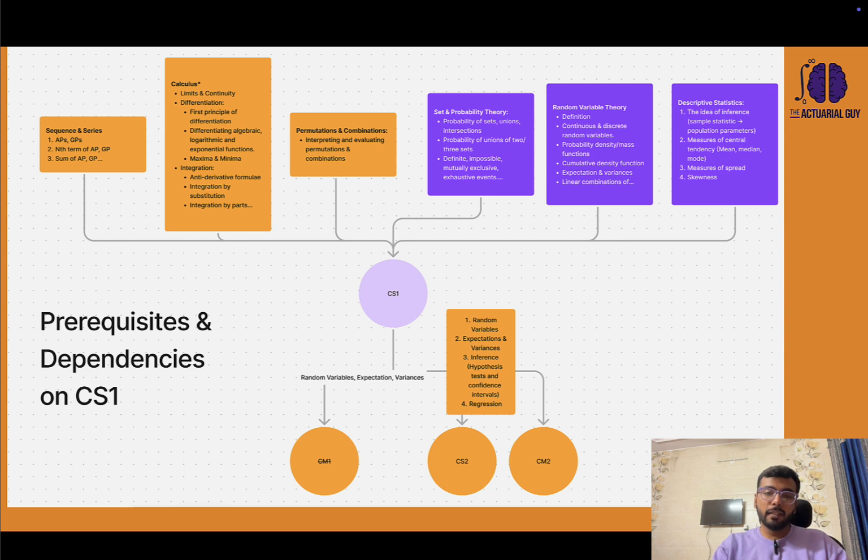You also need the entire unit of inference, that is hypothesis tests and confidence intervals, because that is required for certain topics in CS2 and CM2. You need to know what regression is and how it works for certain topics in CS2 and CM2. And obviously you need the random variable and expectation variance theory, right? So CS1 is the foundation on which CM1, CS2 and CM2 are particularly built, right?